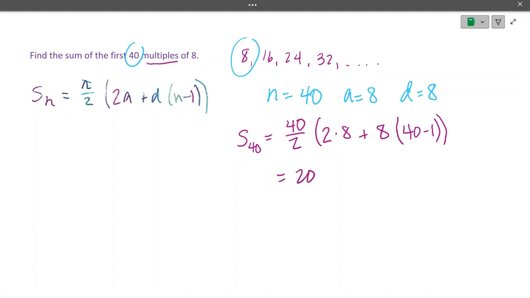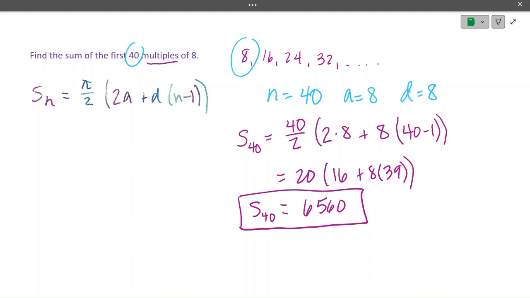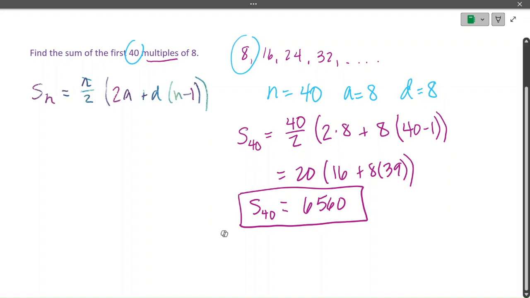Of course, up to you how you choose to do this, but that might be a little bit of a time-saving endeavor. Since I don't know 8 times 39 off the top of my head, I'm just going to put this into my calculator straight away like this, and I'm going to get 6,560. That is the series of 40. What that means is when I add the first 40 multiples of 8 up, I get 6,560.